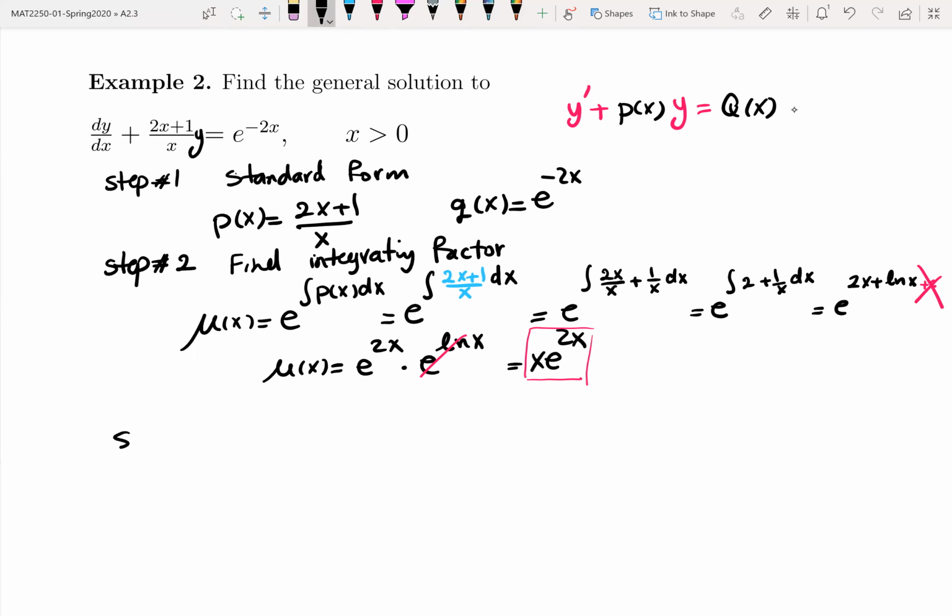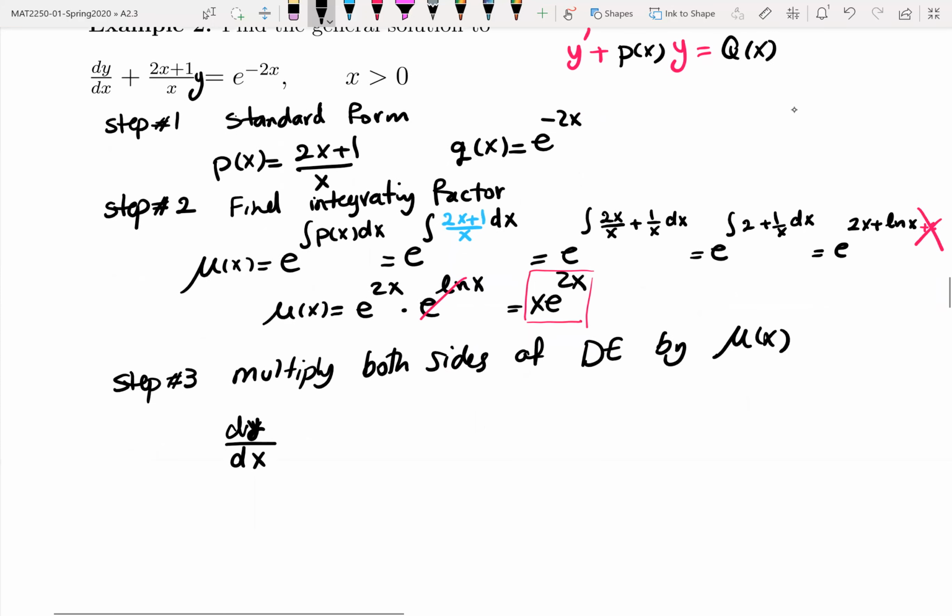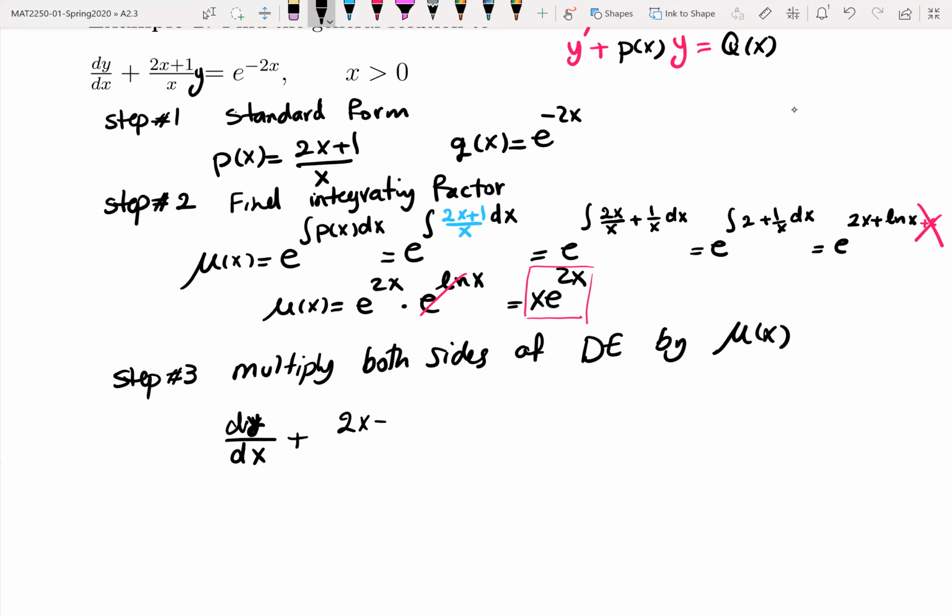Then step number 3 is multiply both sides of the differential equation by mu. Do I have any question, guys? No. So I will rewrite my dy by dx, plus (2x plus 1) over x times y, equals e to the negative 2x.